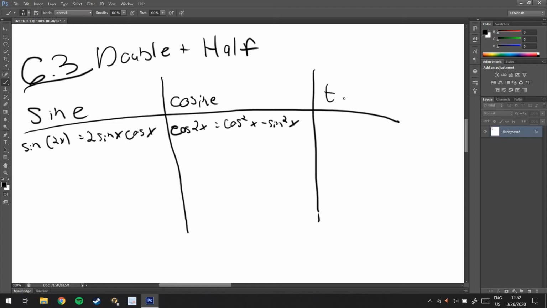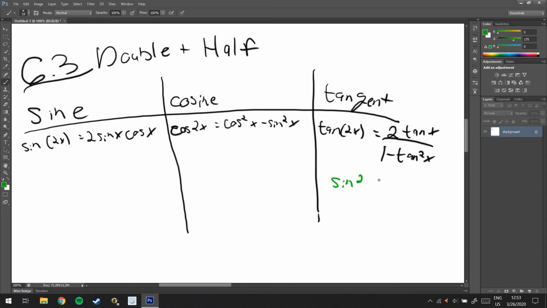And for tangent, we have tan of 2x is equal to 2 tan x over 1 minus tan squared x. An easier way to think about this, though, is just as sine of 2x over cosine of 2x. This will usually save you time with problems.